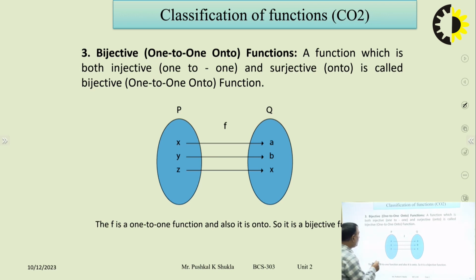It means all the elements of set P are connected one to one with elements of set Q, and for onto, all the elements of set Q have a pre-image in set P. So here all the elements of set Q, A, B, X, have a pre-image in set P. So it is onto. So a function is said to be bijective if it is both one-one and onto.